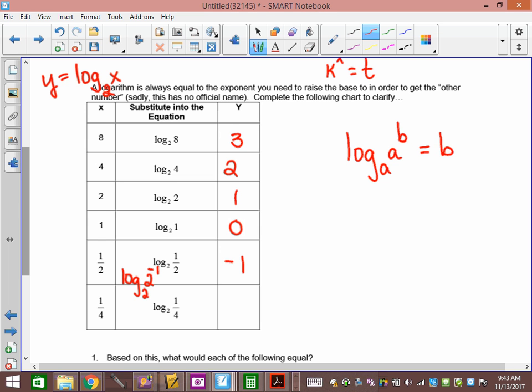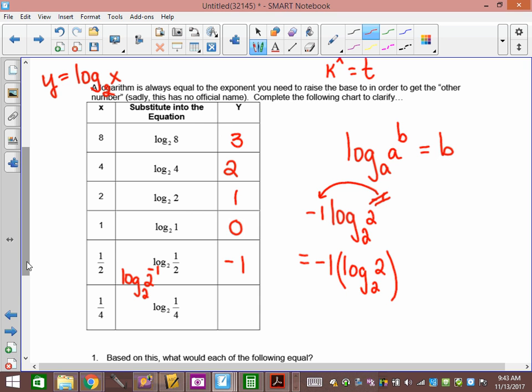Why is that? Because if we have log 2 to the negative 1, it's called the power rule of a log. You can take the exponent and drop it in front. So this negative 1 can drop in front, so we'd have negative 1 log base 2 of 2.